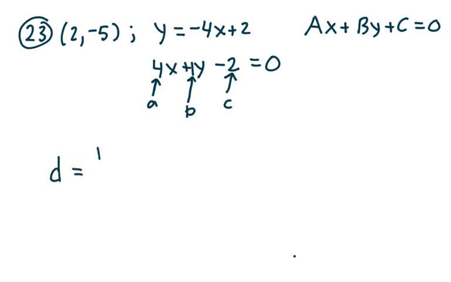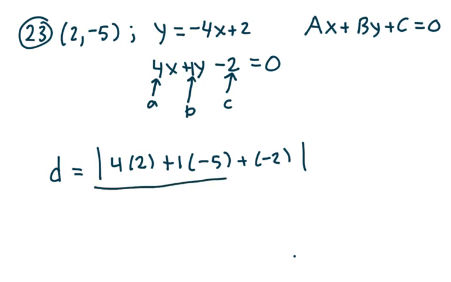So d is the absolute value of 4 times 2 plus 1 times negative 5 plus a negative 2, that's all an absolute value, divided by the square root of 4 squared plus 1 squared. 8 minus 5 is 3. 3 minus 2 is 1.